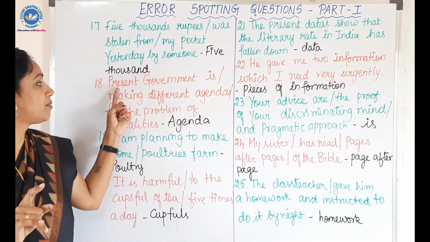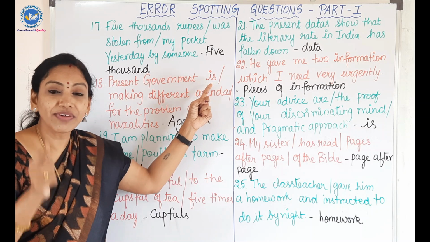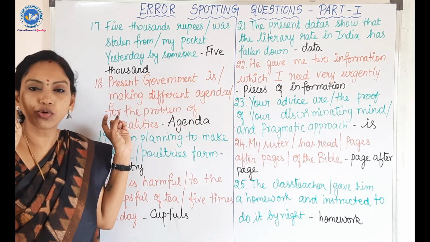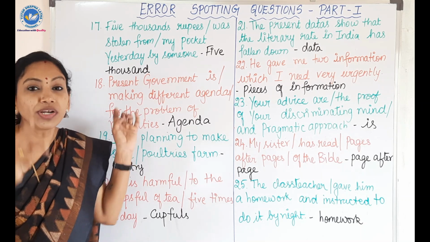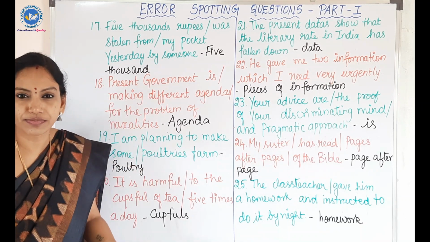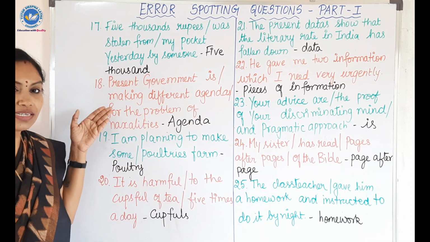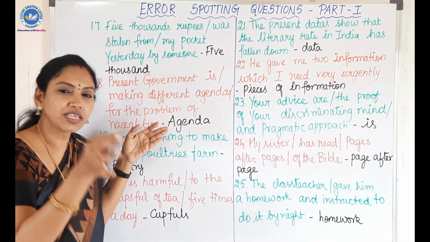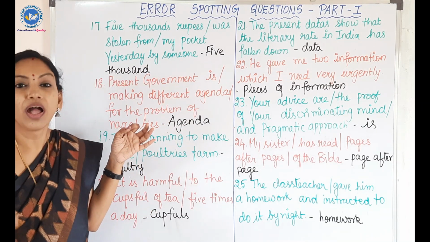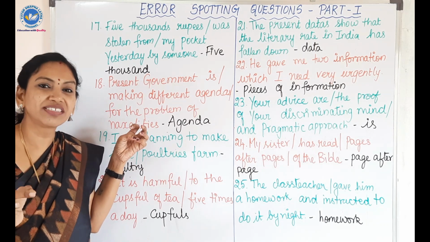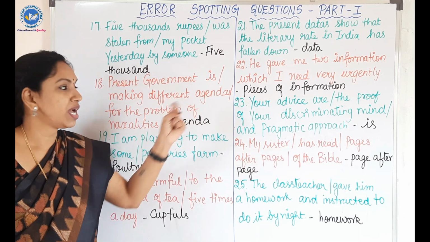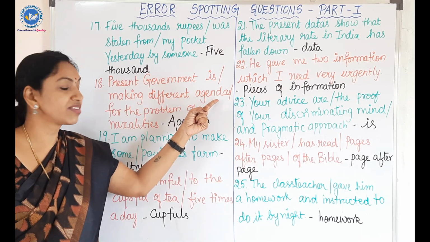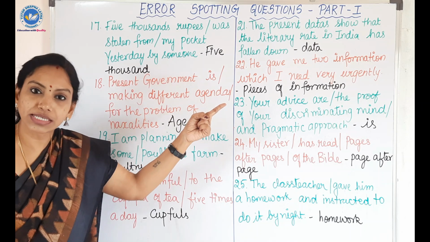So, since "present government is" is given, note down, every time you have to change the noun, please observe the noun in terms of its verb. Look at the sentence and its verb, whether it is a singular verb or a plural verb. You have to decide the mistake by looking at the verb. Here they have given a singular verb. And what should come? They have given plural, agendas. It's wrong.